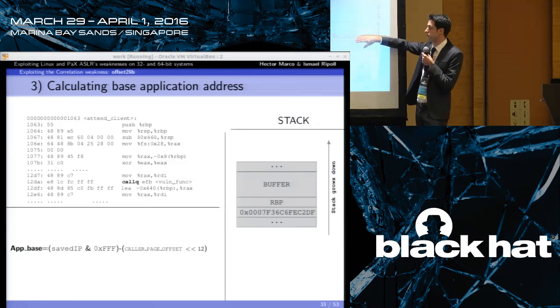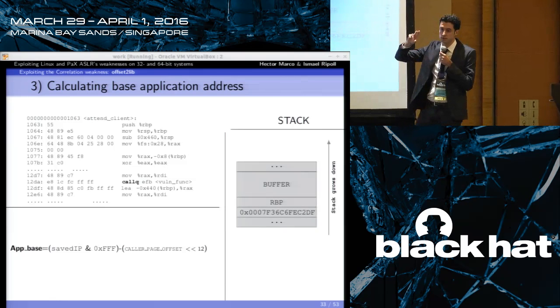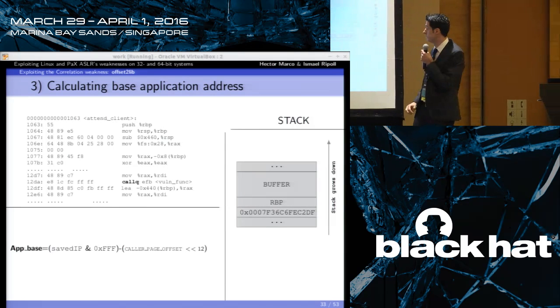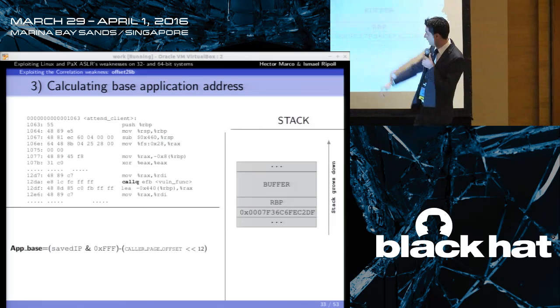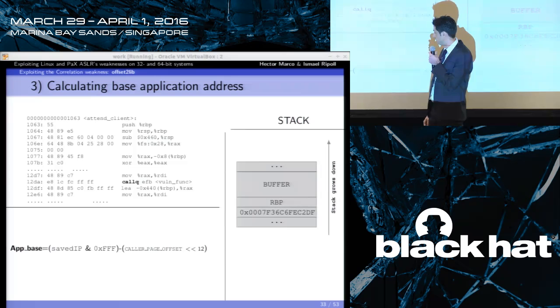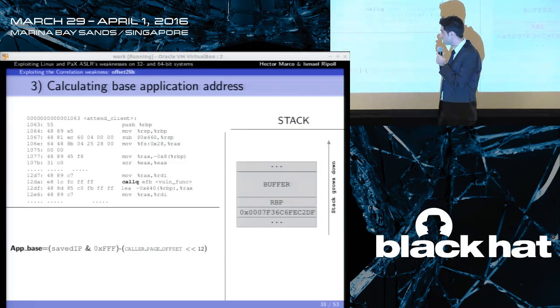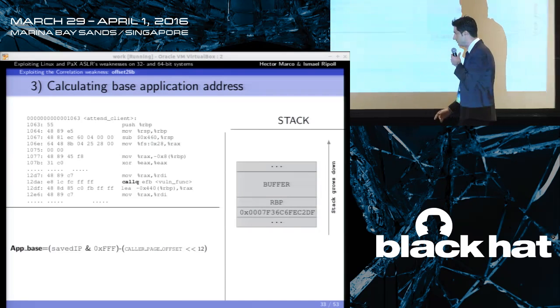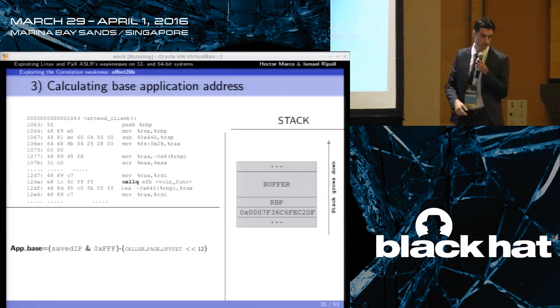in memory, because this address is not the base of the executable. So we can calculate it. Here we need a symbol in order to do the correct operation. This is a mistake. So the application base can be calculated as I show you here.